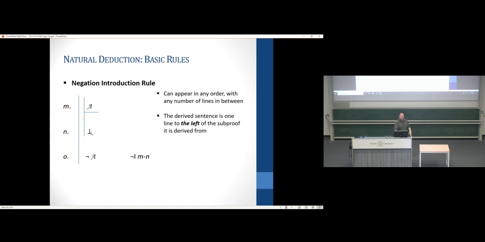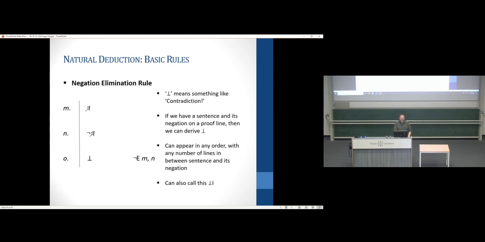Or we'll be able to generate a contradiction with some other negated sentence and itself. Do we ever get a contradiction in the main line? Ah, cool. So note, this can be the case regardless of what line we're on. It could be in a subproof, it could be on the main line. This is why I said these are bad and good.